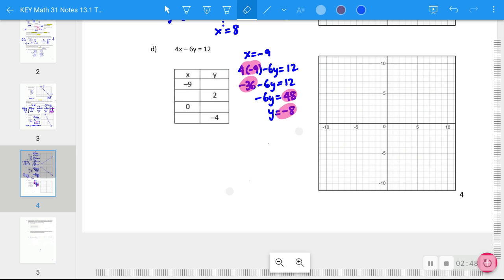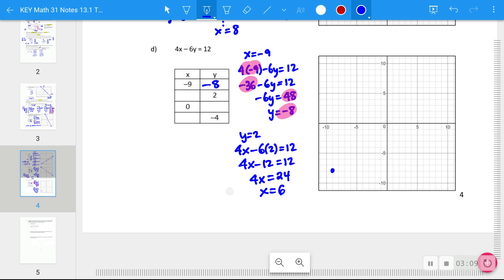Okay, the next one we're going to do is, let me go ahead and put that in, negative 8. So this is 9 to the left and 8 down. Negative 9, negative 8. Okay, then we have our next one here. We're going to use a 2 for the y value. And doing so gives us a 6 for the x. So that'll be 6, 2.